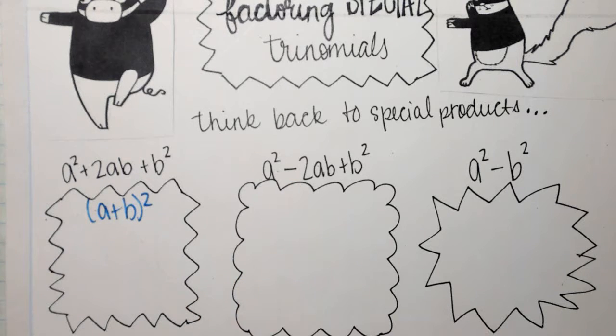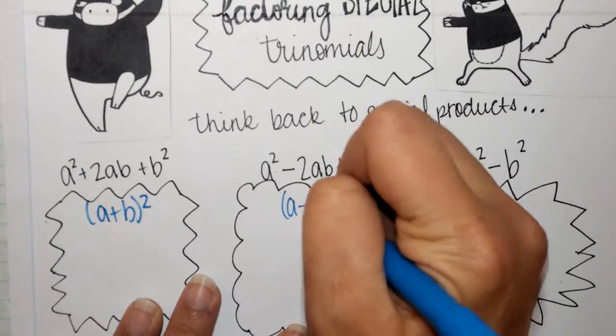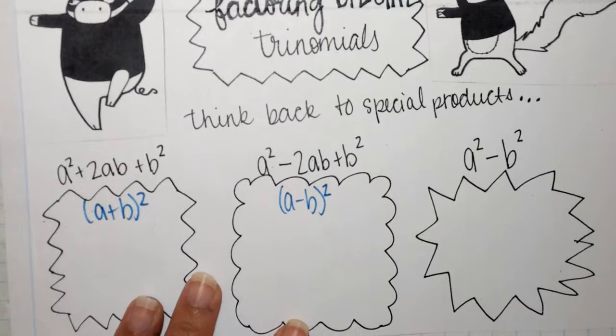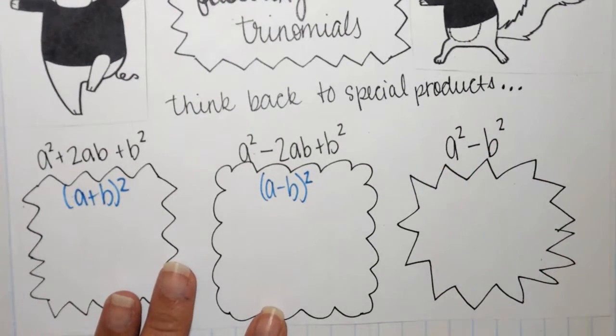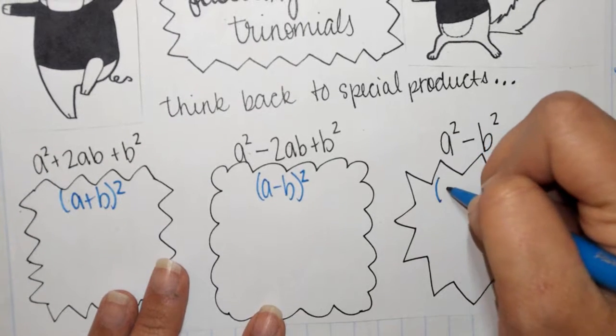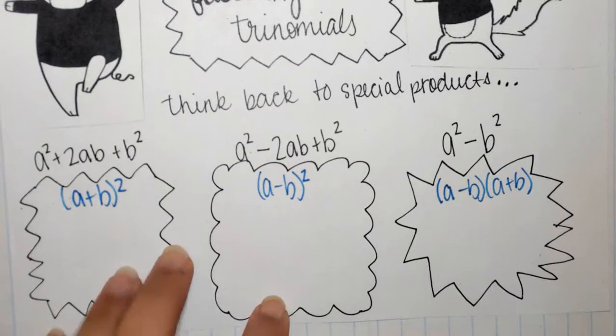What's different about this one? It has a subtraction sign. (a minus b) quantity squared. Awesome. And this one, our very last one, and you had one like this on your maze. This one's going to be (a minus b) times (a plus b).